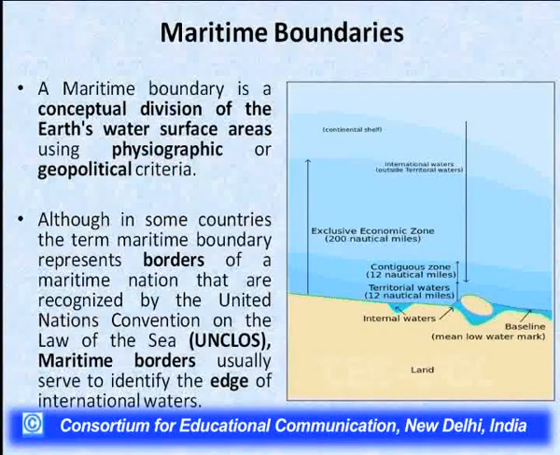The other one is the maritime boundaries. Maritime boundaries are those boundaries which are generally found on the water surface in different oceans. It is a conceptual division of the earth's water surface that divides the boundaries based upon physiographic or geopolitical criteria. In some countries the maritime boundary is used in terms of borders, and different countries try to gain access from these maritime boundaries.